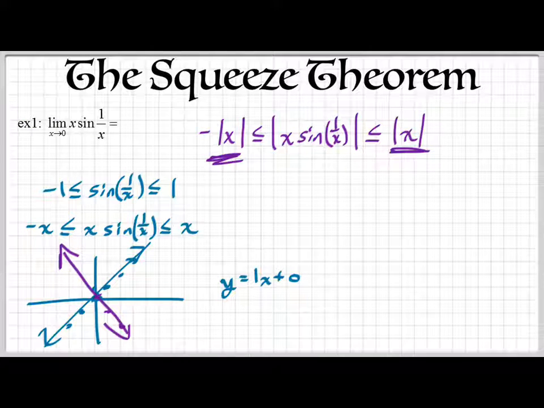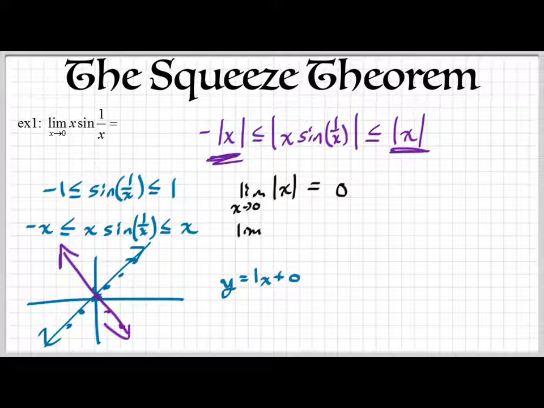Let's take the limit of the upper function and the lower function. So we have the limit as x approaches 0 of the absolute value of x. Can I do direct substitution on this one? Yeah, so plug in 0, what do you get? Okay, let's try that with the other one.